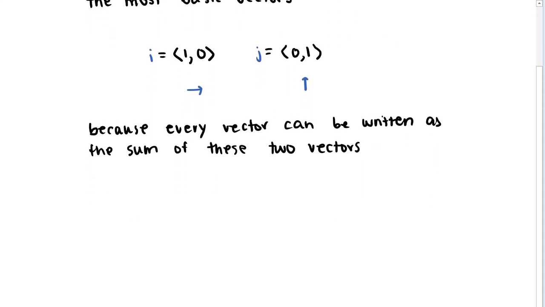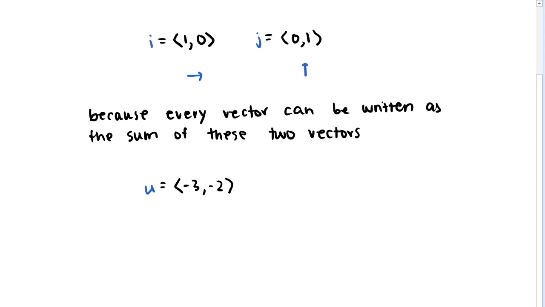And so, if we take one of our vectors from the previous example, u is equal to the vector -3 comma -2. Well, if I wanted to express this in terms of our two special vectors, I could write this as -3 sets of 1 comma 0 and -2 sets of the vector 0 comma 1.